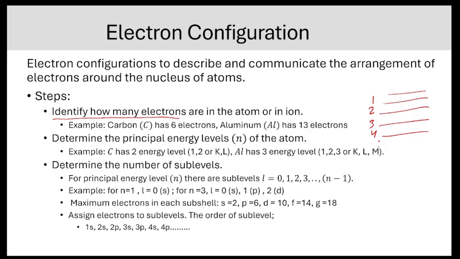For example, carbon has electrons in the n equals 1 and n equals 2 energy levels, so basically K and L. The first energy level has hydrogen and helium, and carbon is in the second period.